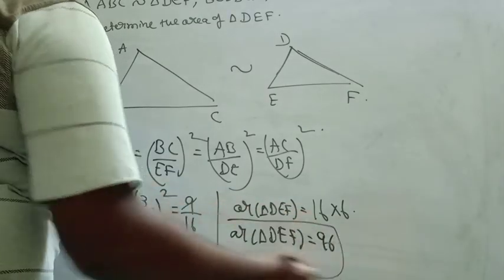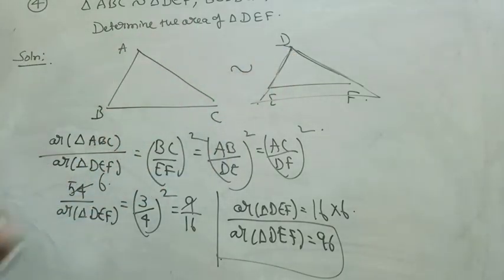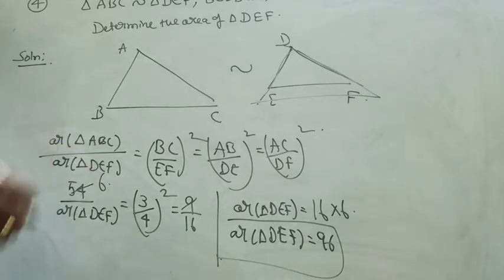That means this is a bigger triangle actually, but we say rough diagram as I mentioned. Then we have area of triangle DEF equal to 96. Very simple and elegant problem, my dear students. See how beautifully we have got this problem, right?